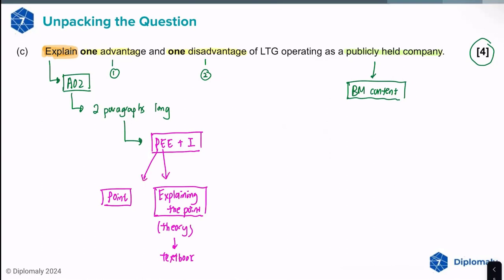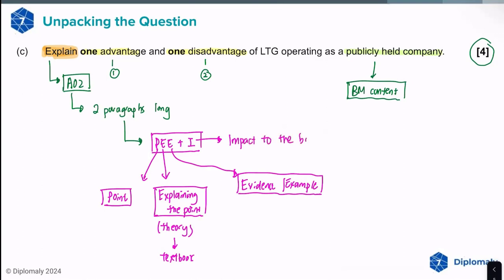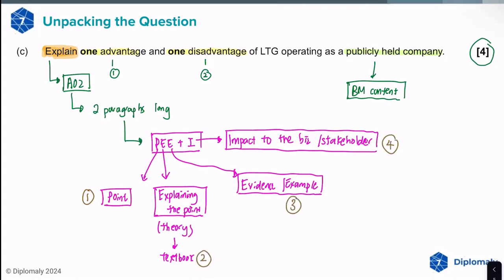And then you have the second E, which is showing evidence or example. From the case study, can you link the advantage point to any evidence or example that's presented in the case? And I represents impact to the business or stakeholder. So as you can see, there is a pretty clear structure to this response, with 1 sentence, 2 sentences, 3 sentences, and 4 sentences like that.